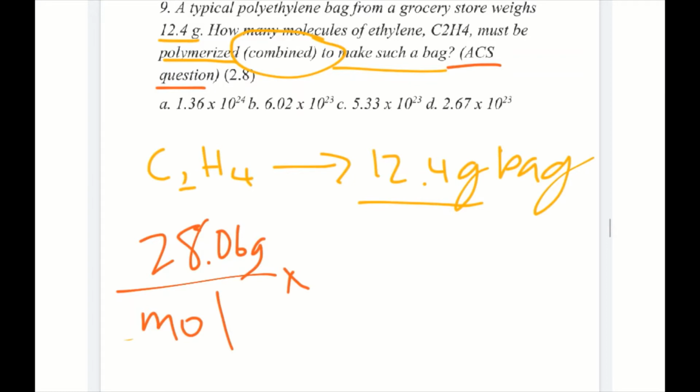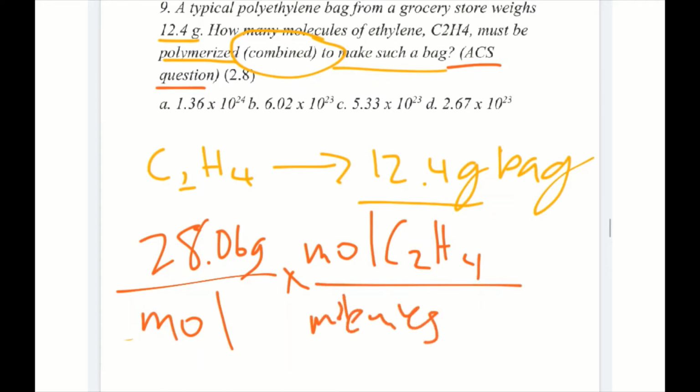In order to do that, a mole of C2H4 goes on top, and on the bottom we have a molecule of C2H4, but every mole has 6.022 times 10 to the 23rd molecules of C2H4. So what we're doing is dividing 28.06 by 6.022 times 10 to the 23rd. And remember to put parentheses around this when you're doing it in your calculator.